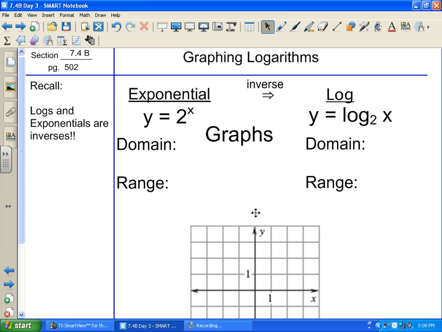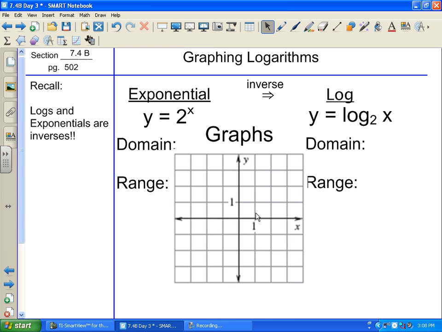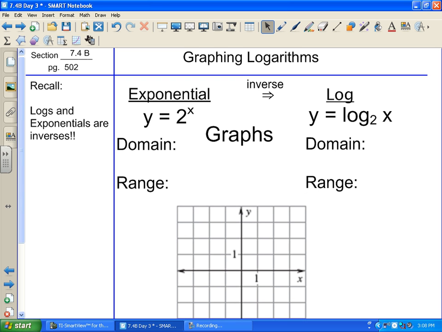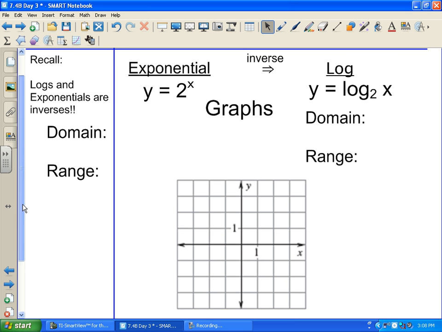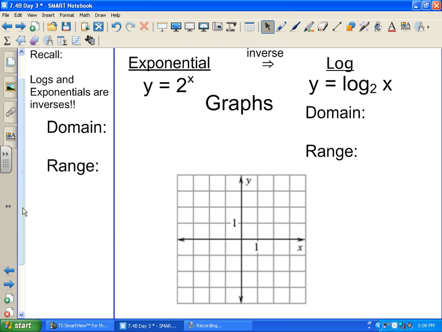As I've said all along, exponents and logs are inverses of each other. We've already graphed exponential functions. The graph of y equals 2 to the x is just a straight up exponential function. If we were to make a graph of x and y, it's pretty easy.